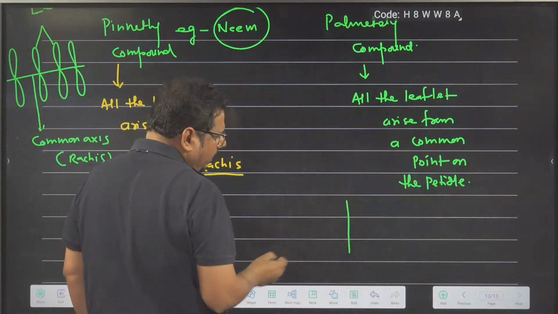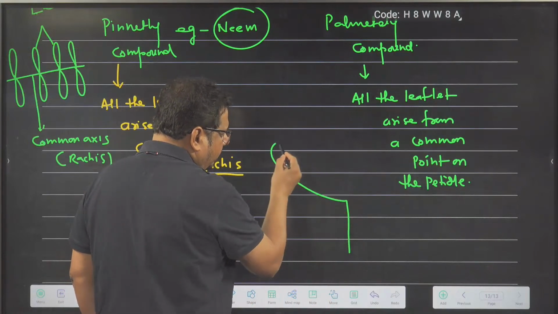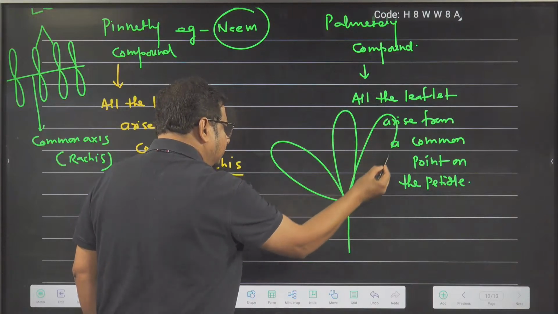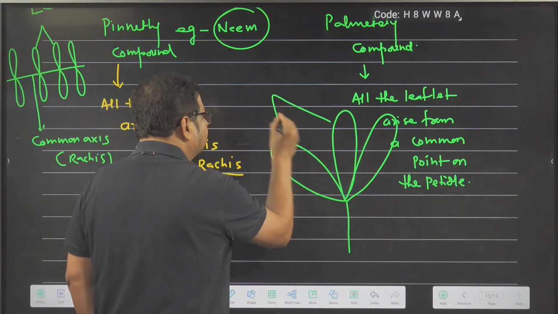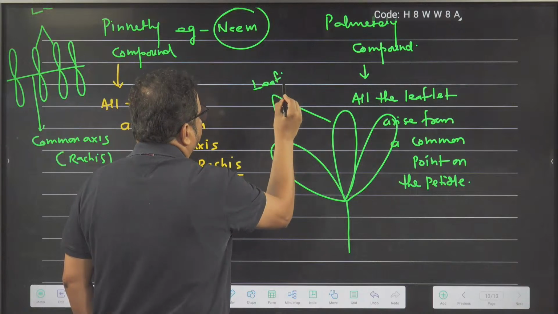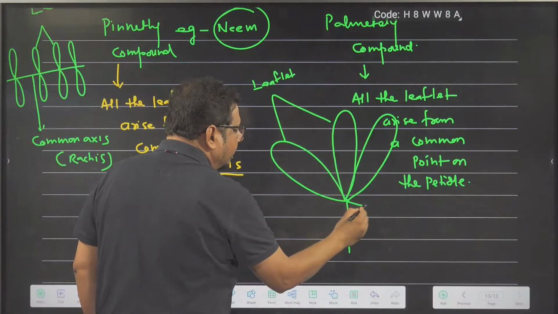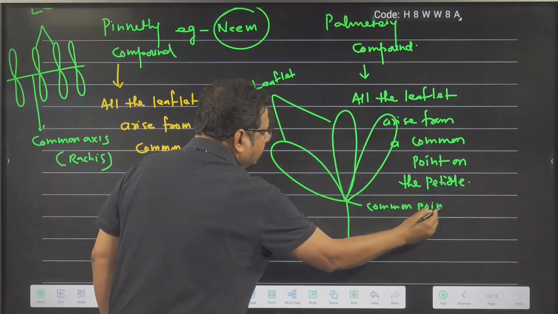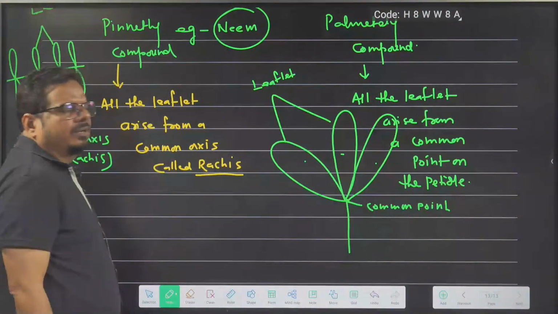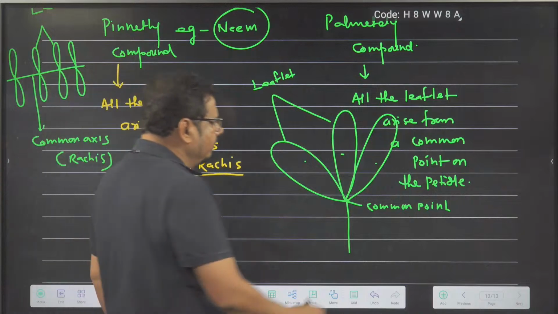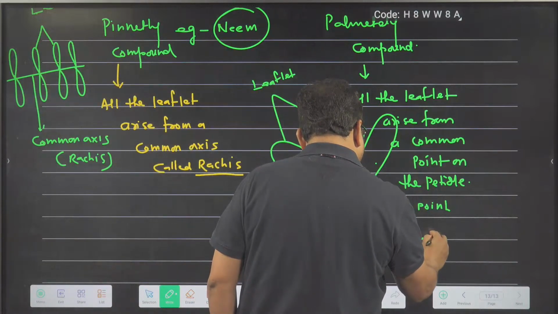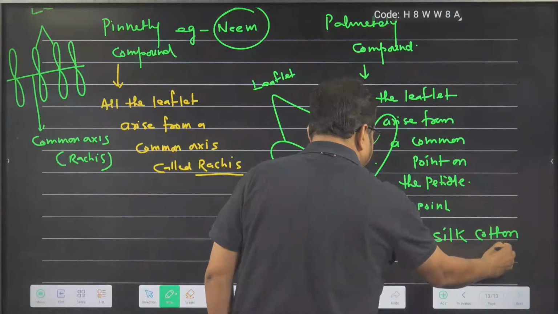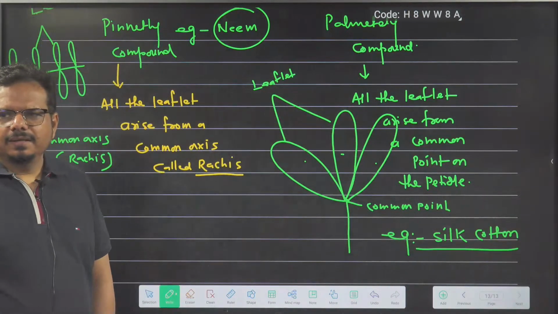It is a petiole and it is the common point. This is one leaflet, this is another leaflet, this is another leaflet. So when leaflets are arranged like this in a compound leaf, it is called palmately compound leaf. An example of such type of leaf is silk cotton. Got the idea?